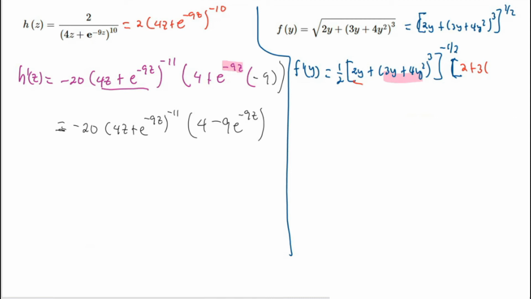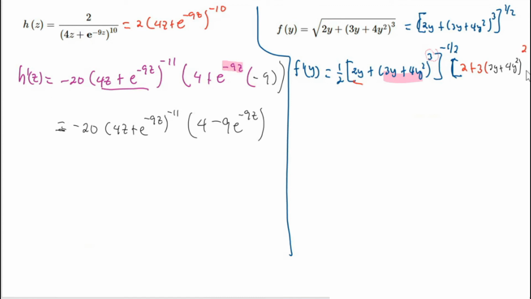All right, so this will become 3 times, we have (3y + 4y²) to the power of 2. Why power of 2? Because the exponent here is 3, so minus 1, it now becomes the power of 2.